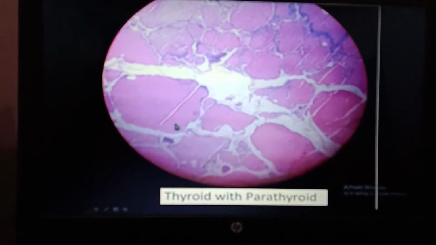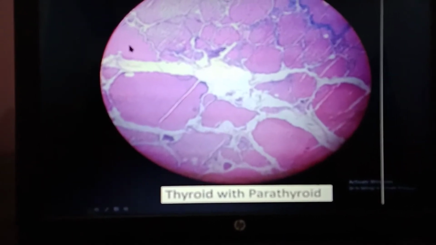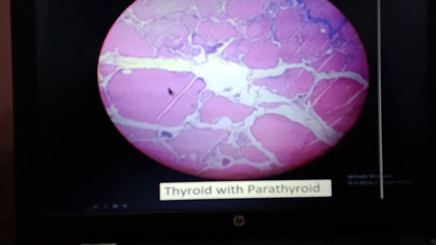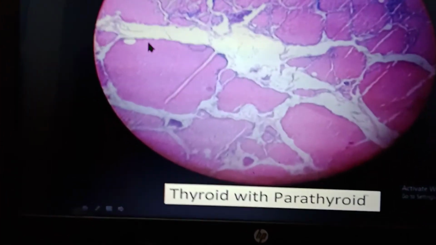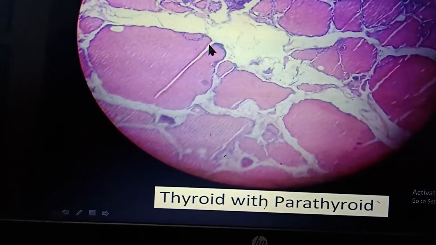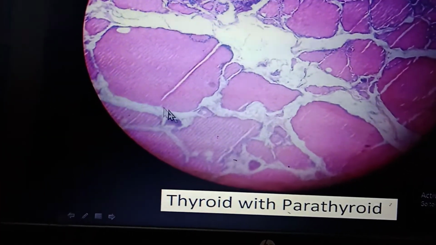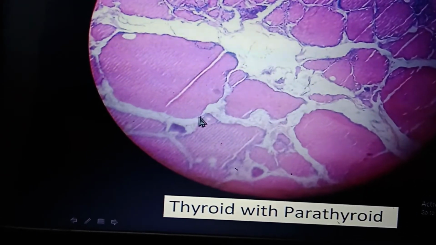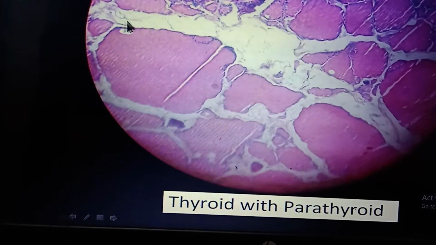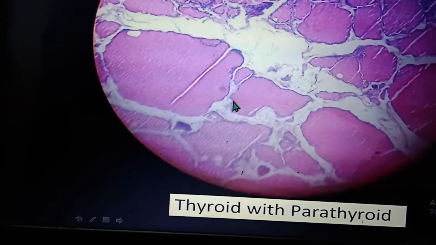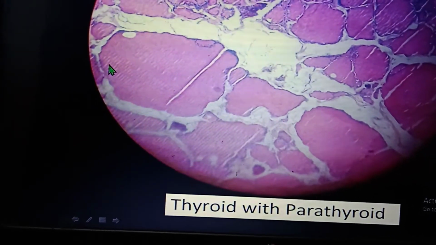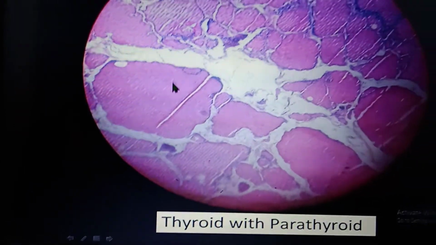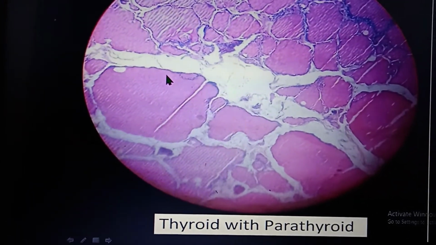This is one follicle, which is formed by union of many follicular cells. All around where my cursor is going, many follicular cells are arranged in a ball-like fashion. A ball is what we play with, like a bat and ball.